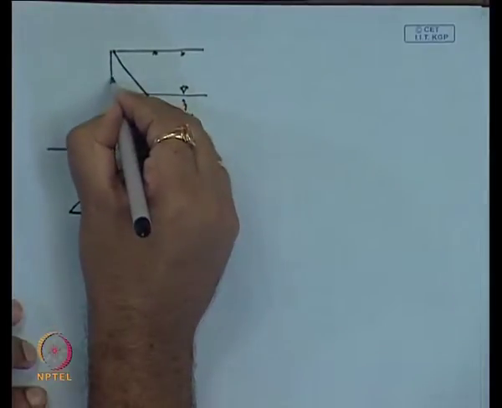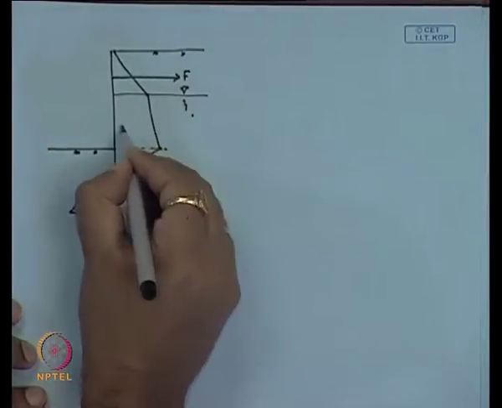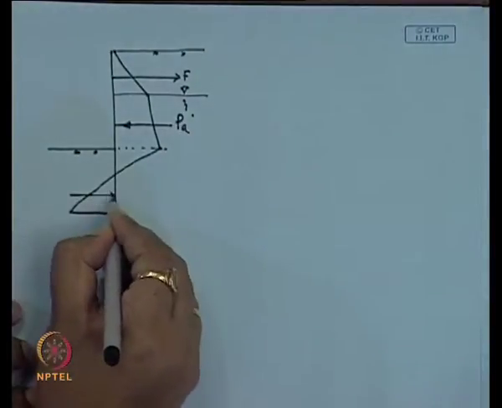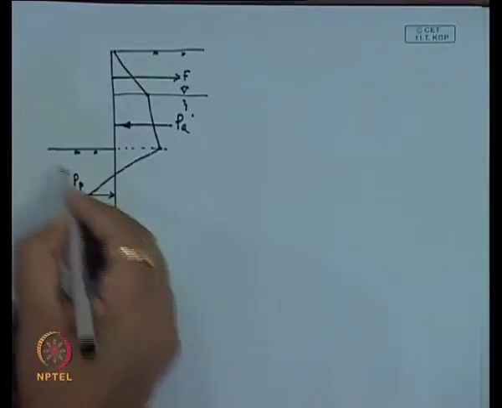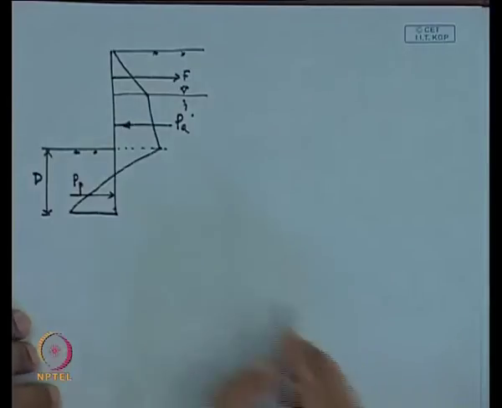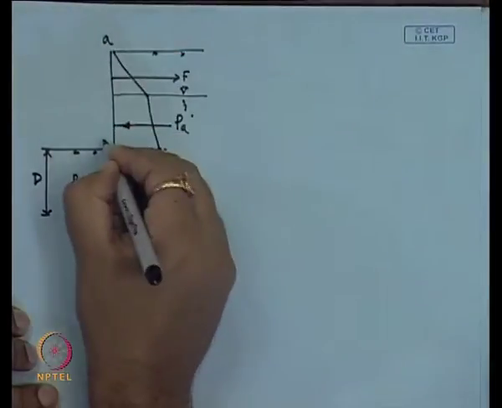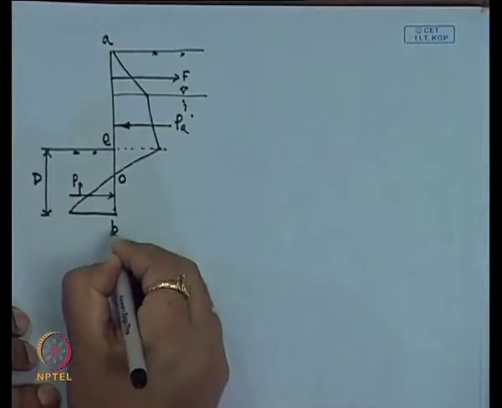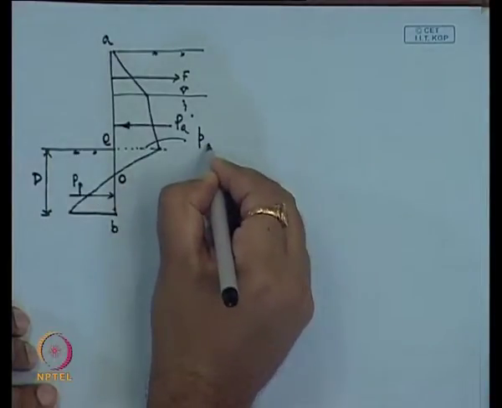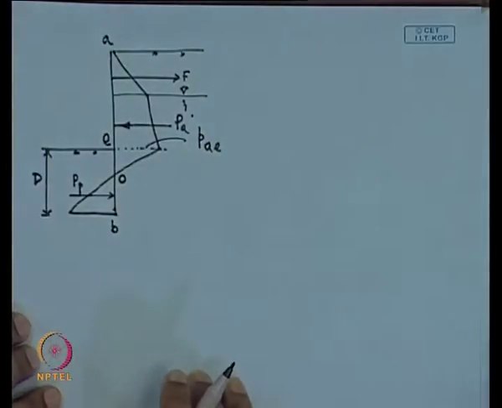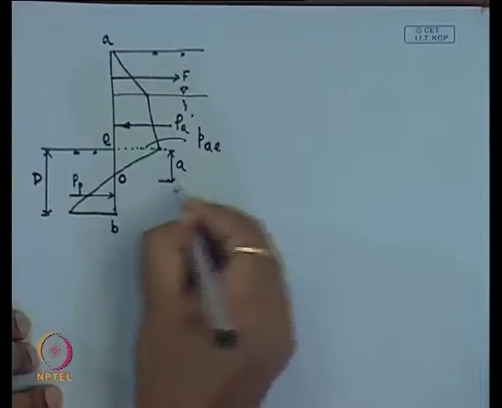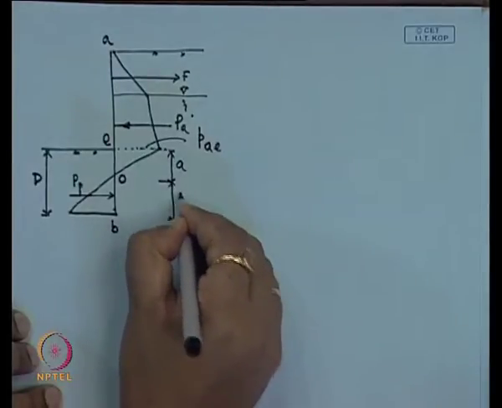So, the forces acting: this is the anchor force F, this force is P active, and this is P passive, this distance is D or depth. So this is the A, E, O and B, and this is the P active at E level. This distance is A, and the remaining one is capital Y.